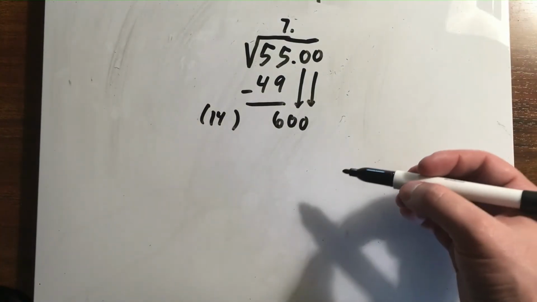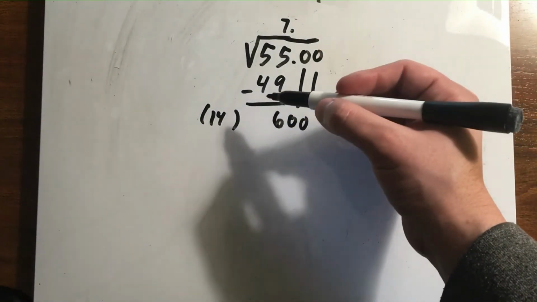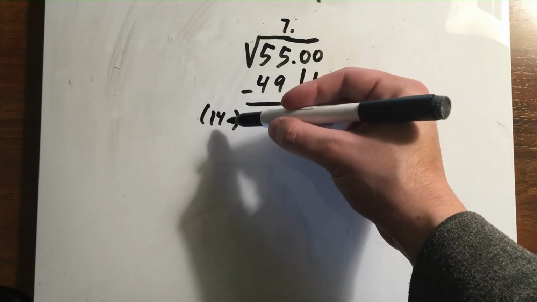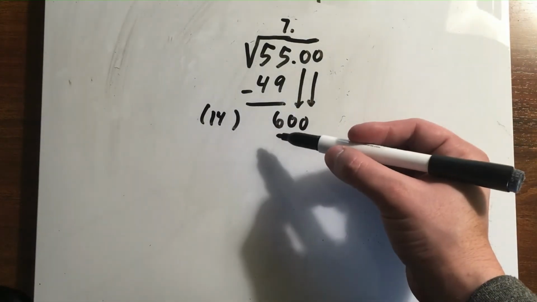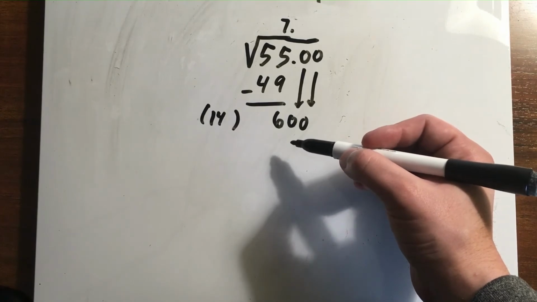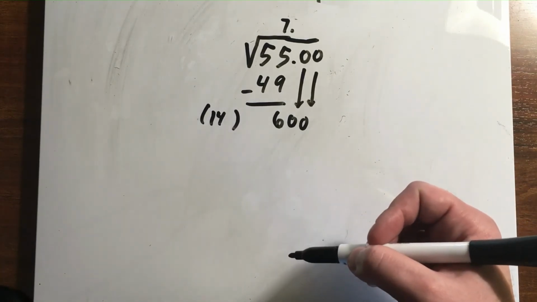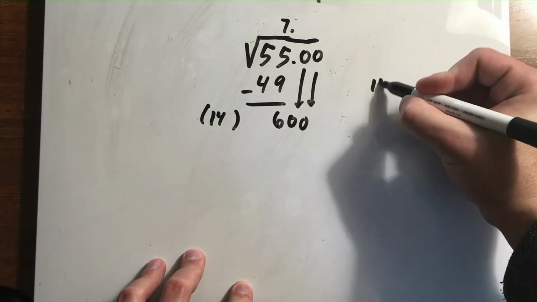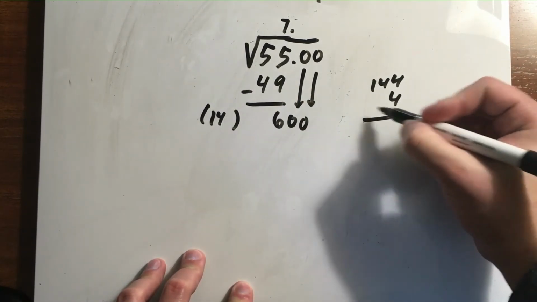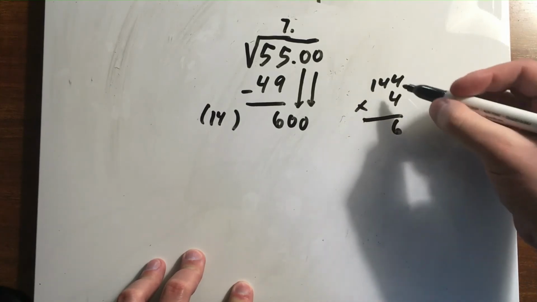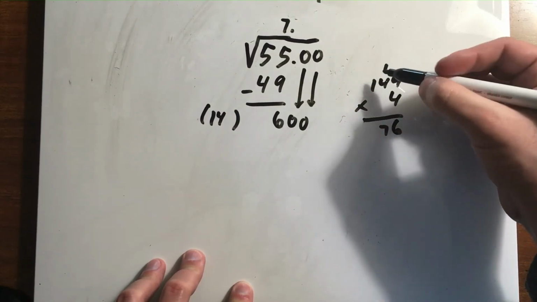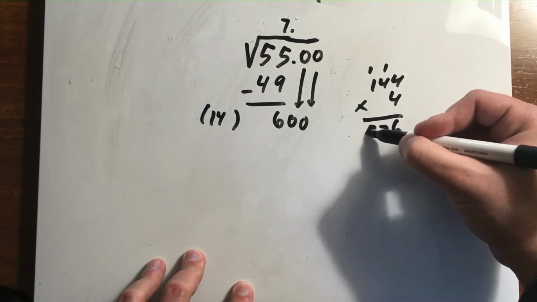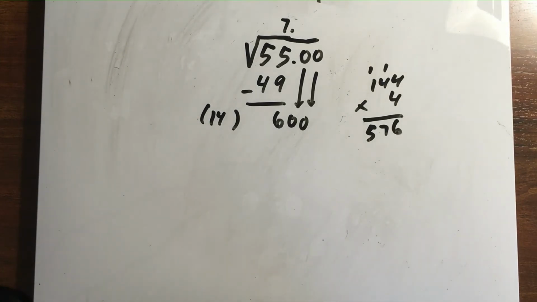Now, what number could I put here and here that when we multiply that number by the number that will be created here will give us something close to 600 without going over? Well, I'm going to do 4. So if I had 144 times 4, that gives me 16, 17, 4, and 5, 76.